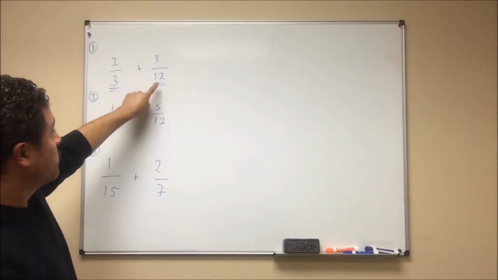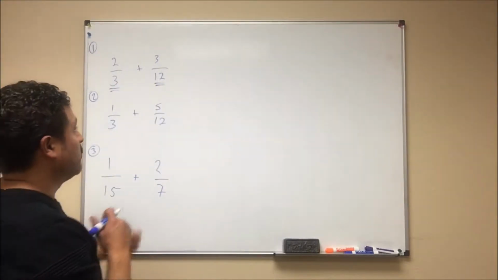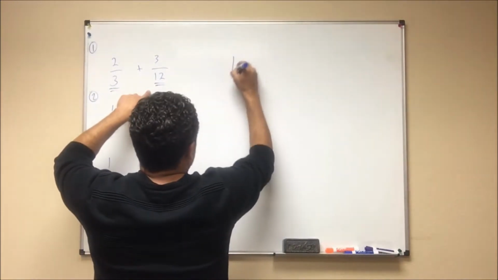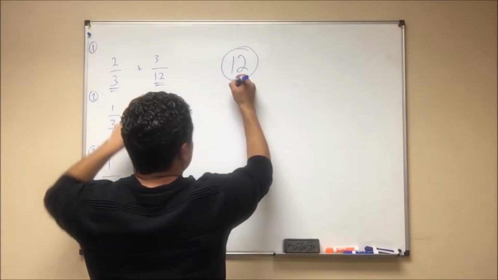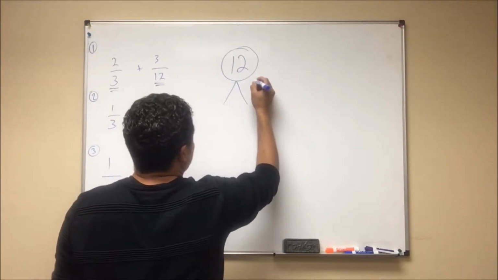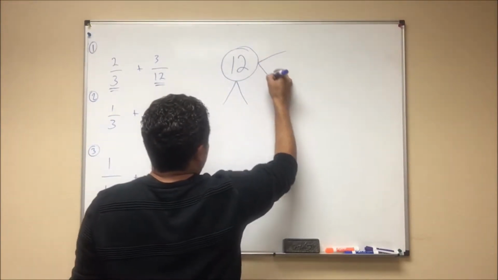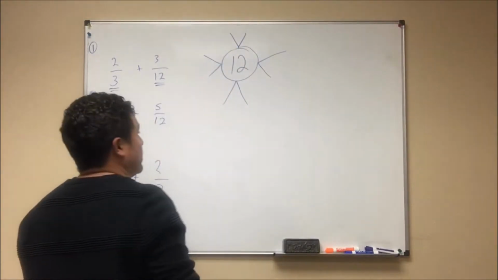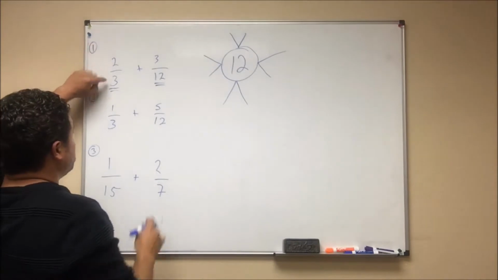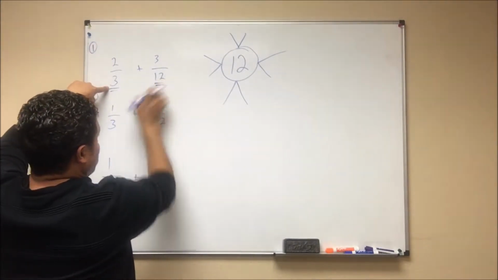So let's go ahead and look for the common factor of 12. I'm going to put 12 in a circle, and I'm going to use a tree method. This would be the easiest way to do it, like this. And you know, you always grab the biggest number.